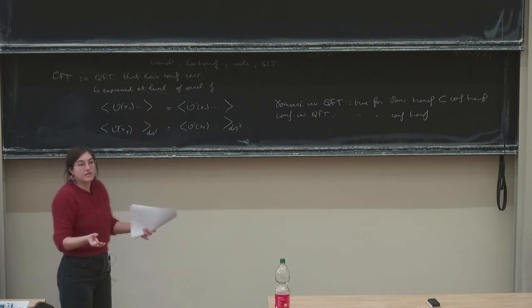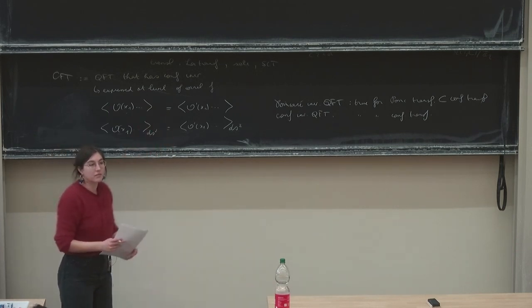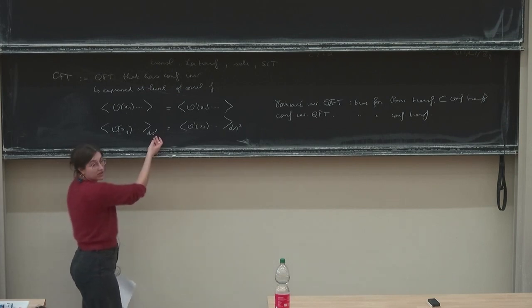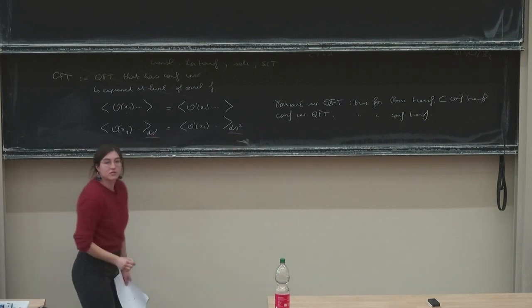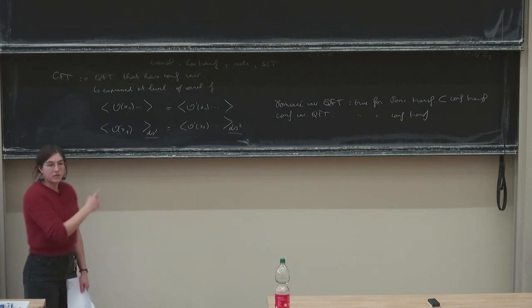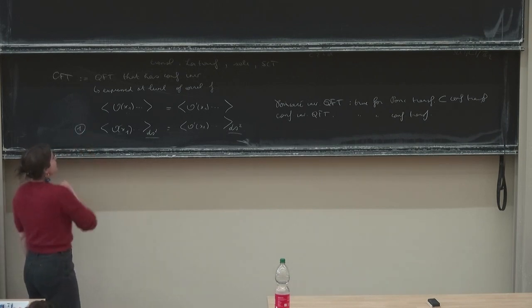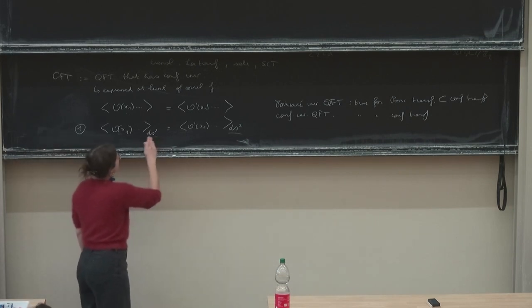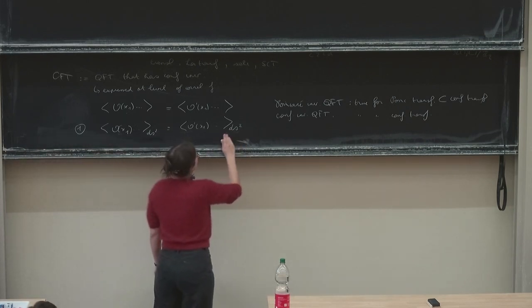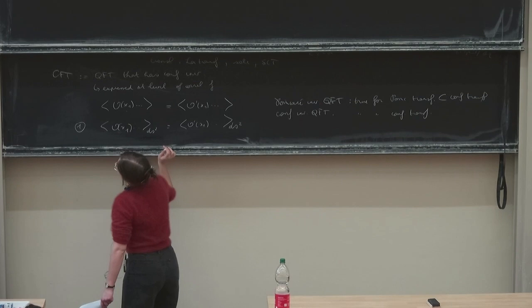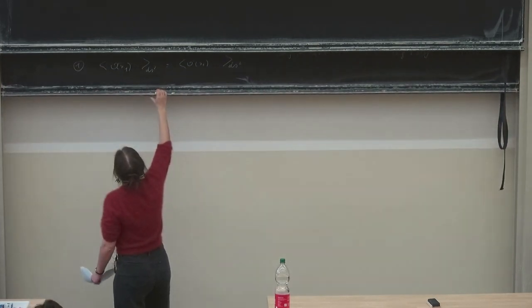So you're implicitly already assuming that you have this background metric. But you wouldn't actually include this in the notation usually. But there's a reason why I do this now. This is what I call the first of two ways in which we'll write the conformal invariance of correlators.